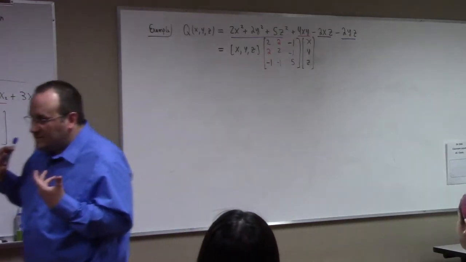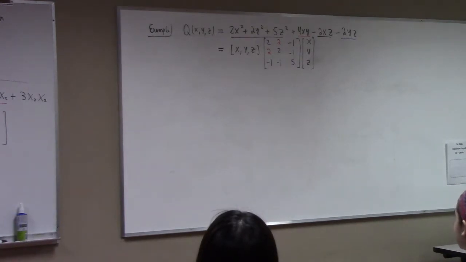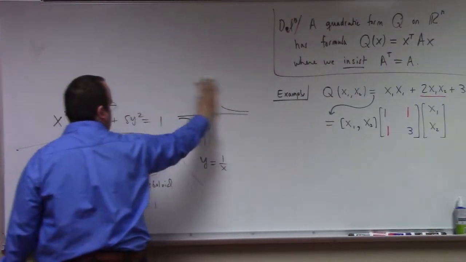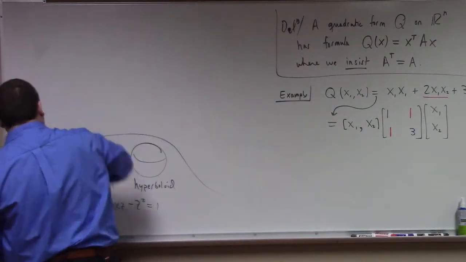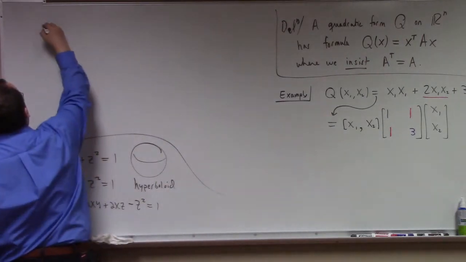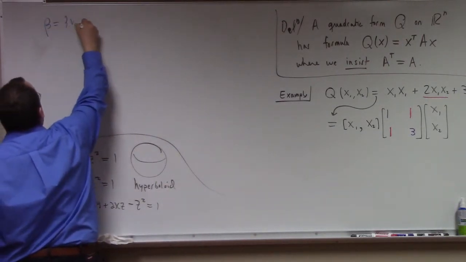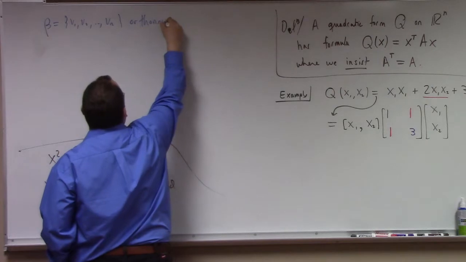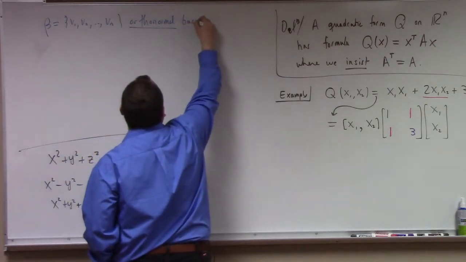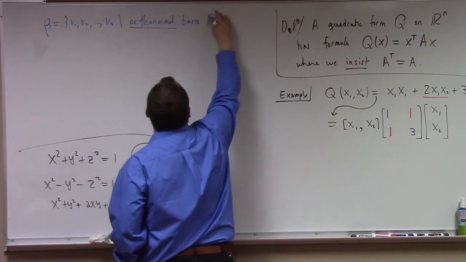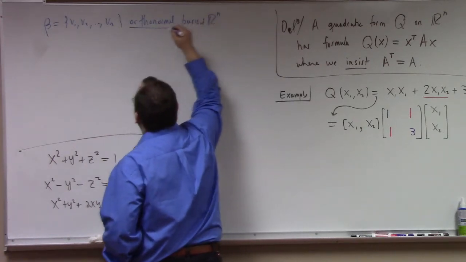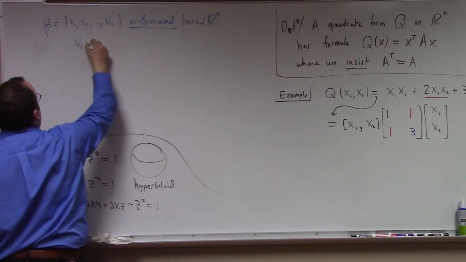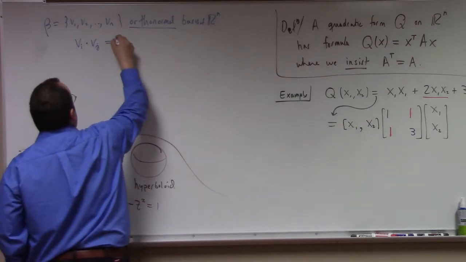So guys, I keep saying these words, orthonormally diagonalizable. Well, that's a lot to say, isn't it? What does that mean? What does it mean for beta, v1, v2, through vn, to be an orthonormal basis for Rn? That tells us that v sub i dot v sub j is equal to 0, right?